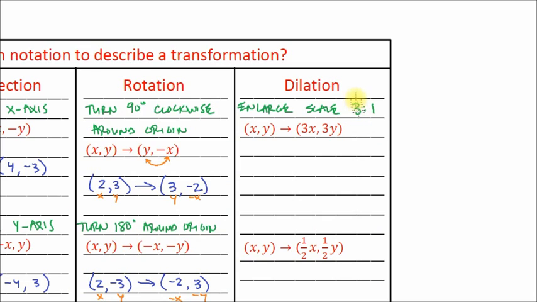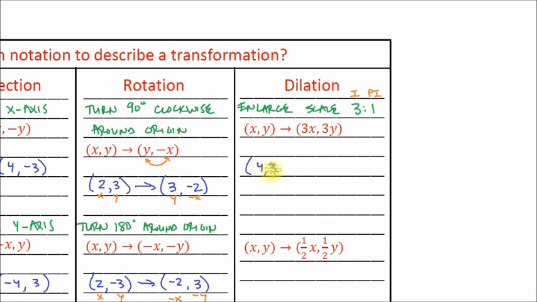Remember, the first number always comes from the image or the copy, and the second number always comes from the pre-image or the original. If you want to enlarge by a scale factor of 3 to 1, here's your transformation notation: (x, y) becomes (3x, 3y). Here's an example of that.